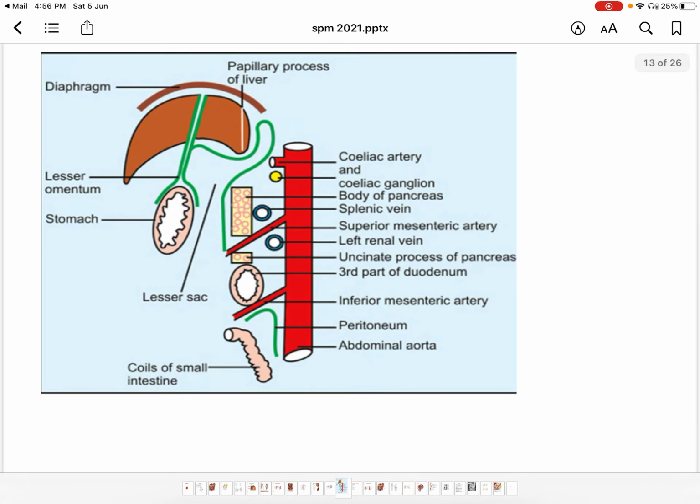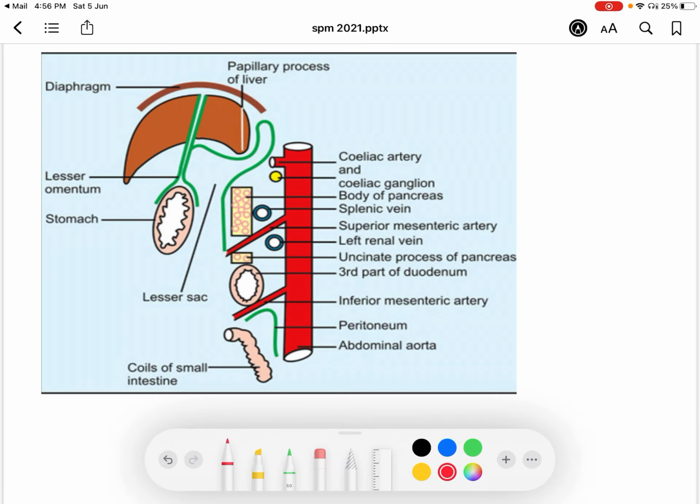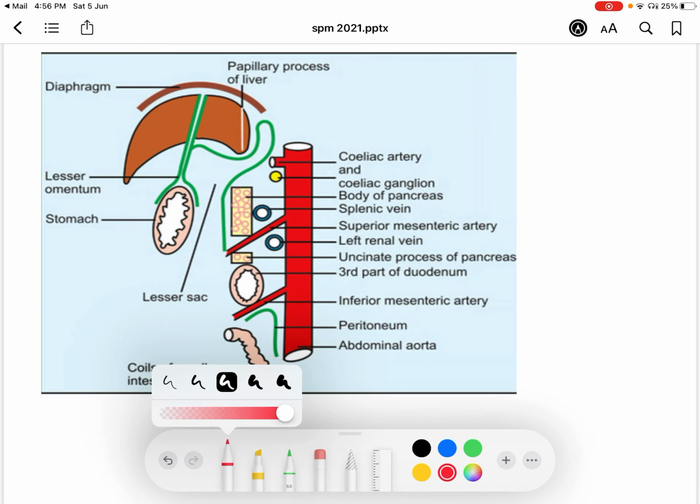This is the formation of the lesser omentum and the lesser sac. So this is the lesser omentum from the fissure for the ligamentum venosum. It comes in two layers, anterior and posterior to the stomach, and that forms the right free margin attached to the duodenum.